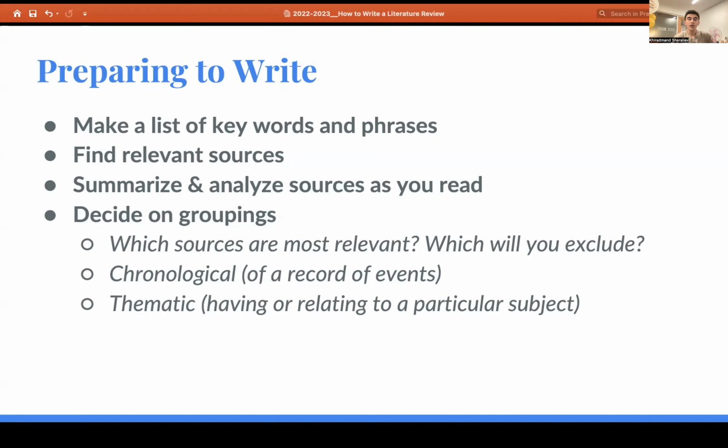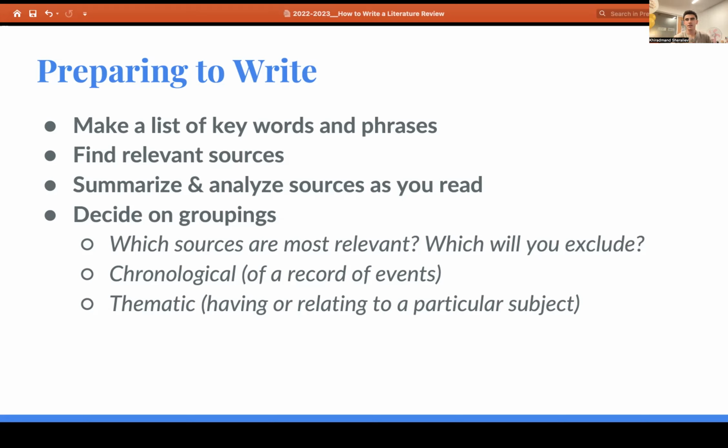And while grouping, you also need to take into account the thematic part of it, right? So you need to take into account the particular subject that comes from the literature, right? For example, your topic is being analyzed from an economic perspective, right?